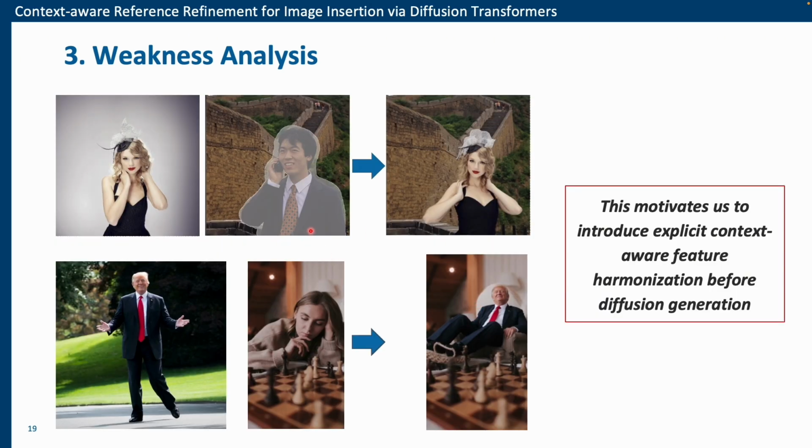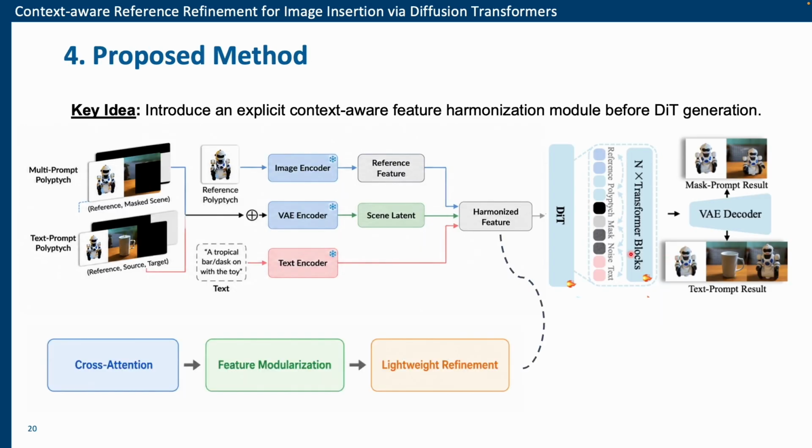Because of these shortcomings, we are motivated to introduce an explicit context-aware feature module before diffusion generation. And this is the overall proposed method. The key idea of our method is to add the explicit context-aware feature module before DiT generation.